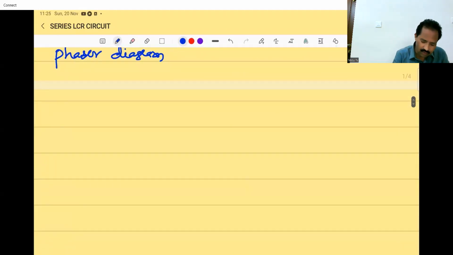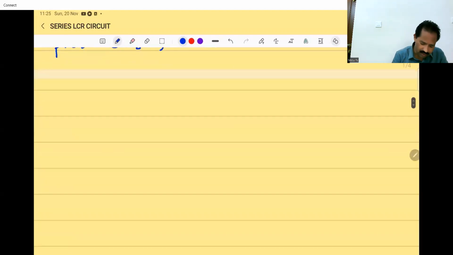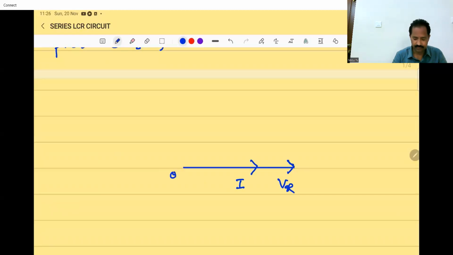Okay, here I am drawing, for example. This is the phasor diagram. Let us say this vector represents VR and this vector represents I. Let us say this is the point O. So in case of resistance, you know well, current and voltage are in the same phase.